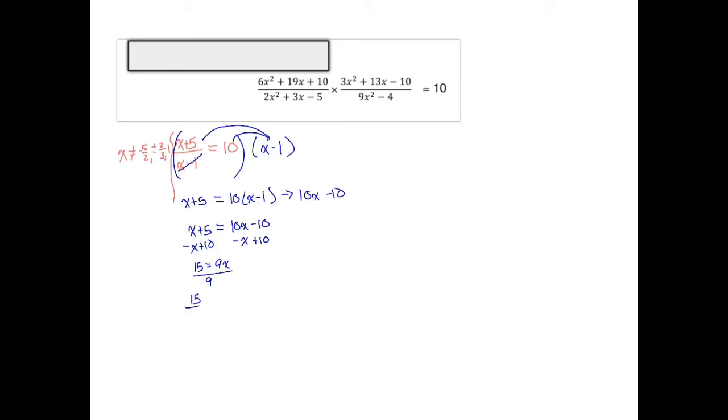So we have 15 over 9, which reduces, if we reduce both by 3, to 5/3 is equal to x. And since 5/3, our solution, is not one of our critical values, that is our answer. And that's why the critical or restricted values are so important, because we want to make sure with rational equations that we do not get an answer that is a critical or restricted value.